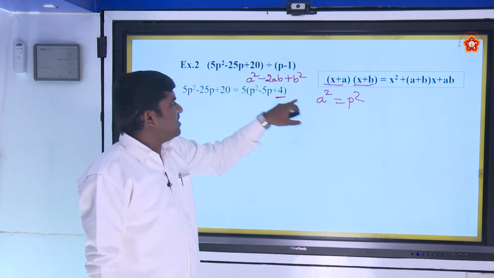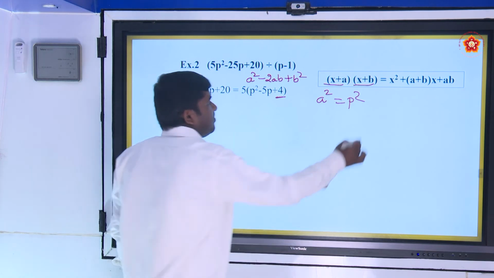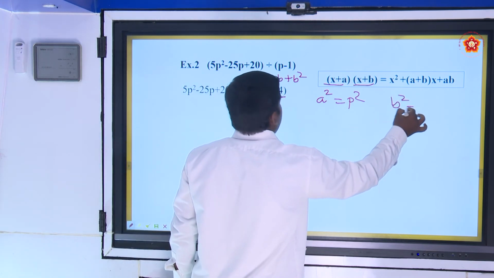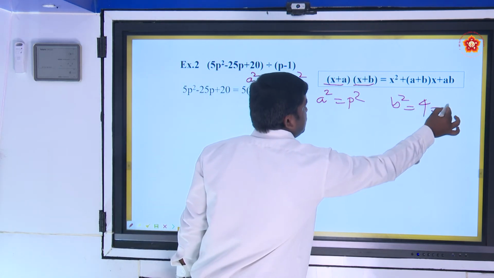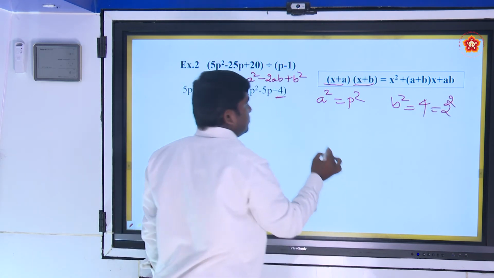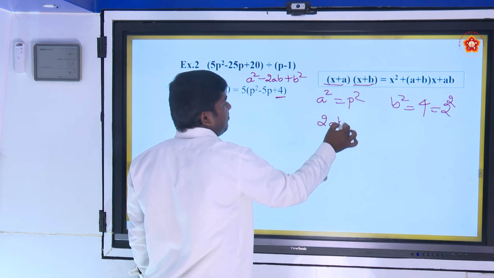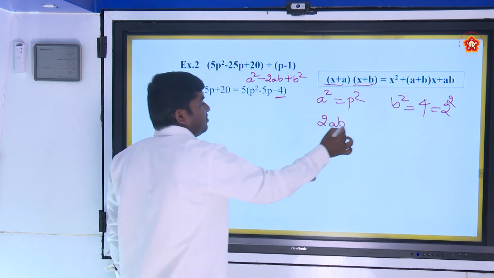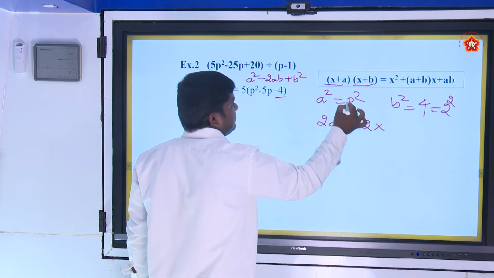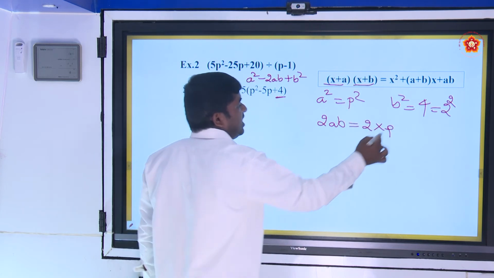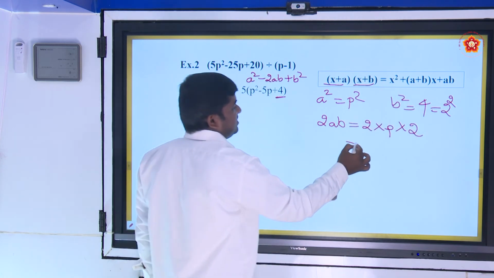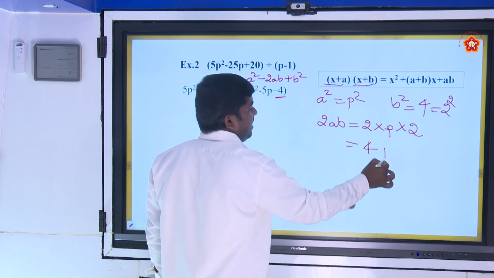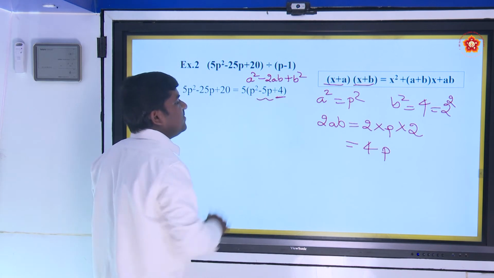In the place of a square, p square is there. In the place of b square, 4 is there, meaning 4 can be written as 2 square. So for the 2ab middle term, 2 into a is p, into b is 2. Two 2s are 4p, but here it is minus 5p.